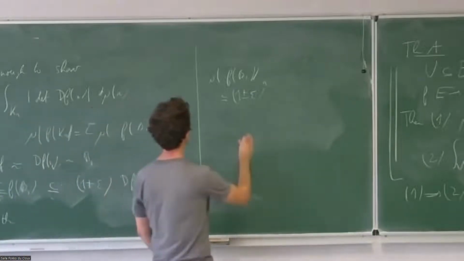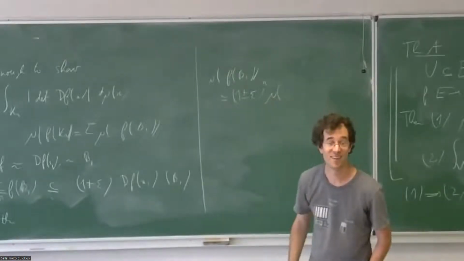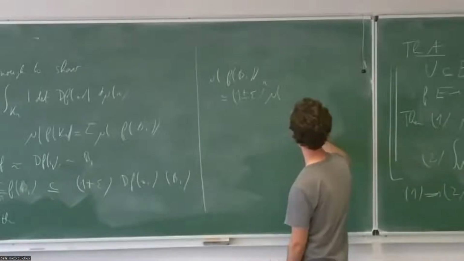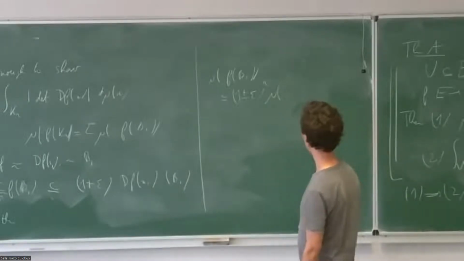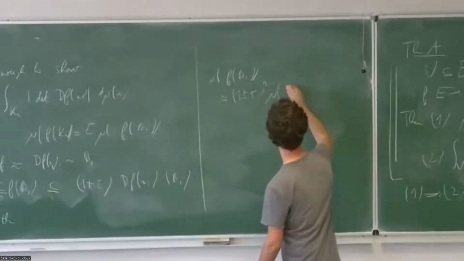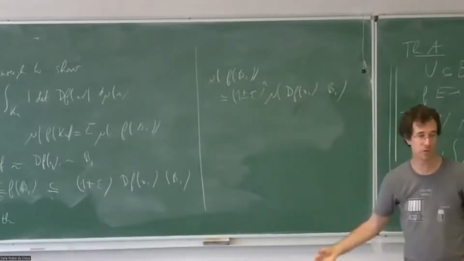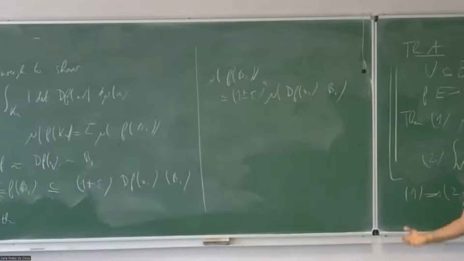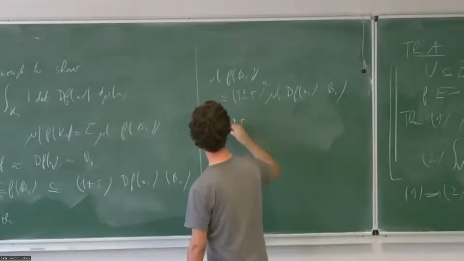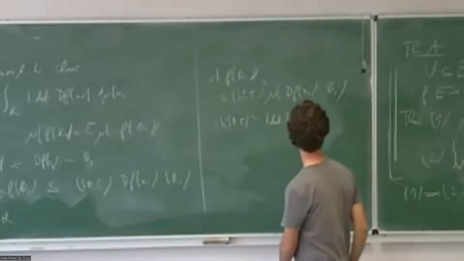So it's comparable to the measure of df of x_i applied to B_i. But this is a linear map. We know how it rescales the Lebesgue measure. It rescales the Lebesgue measure according to its determinant. And so this is really 1 plus or minus epsilon to the n times the determinant of df of x_i times the measure of B_i.